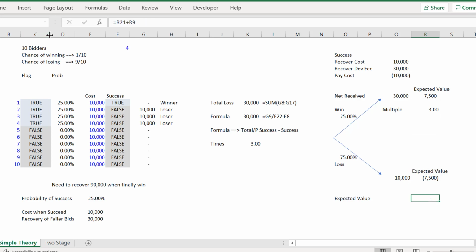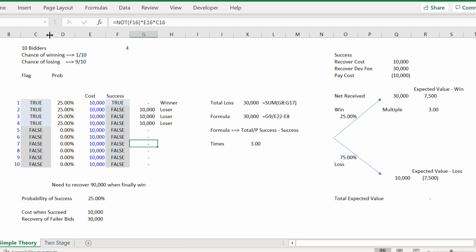And then the total expected value at the end. This is expected value from the loss and the gain on the win. Now, at the end of the day, this is what you want. The total expected value you want to be 0 after you've done everything. Okay, so that's it. Let's just make sure that that works.